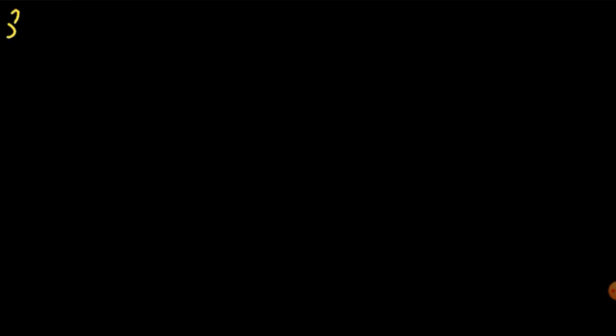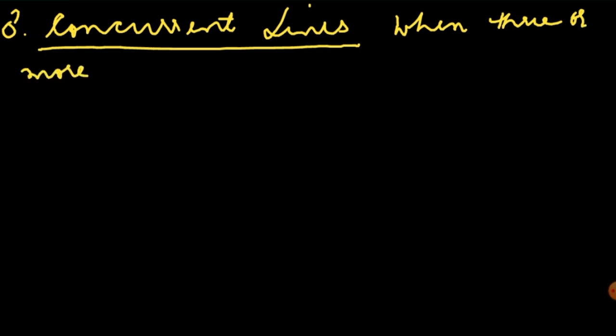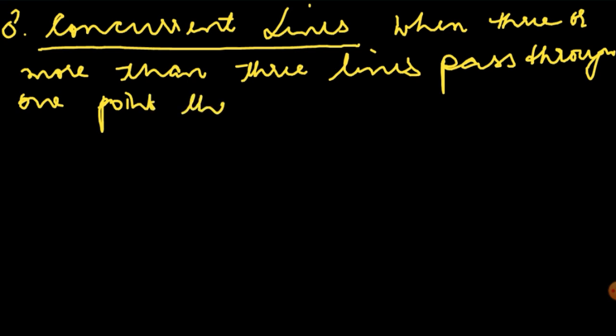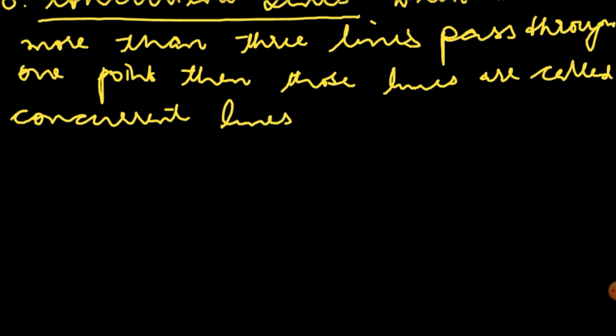Now the next is concurrent lines. When three or more than three lines pass through one point, then those lines are called concurrent lines.